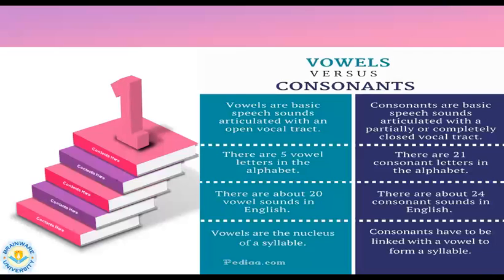Okay. Now comes the consonant. Consonants are produced by stopping the air from flowing easily through the mouth, especially by closing the lips or touching the teeth with the tongue. So there must be some obstruction or hindrance while producing the consonant.